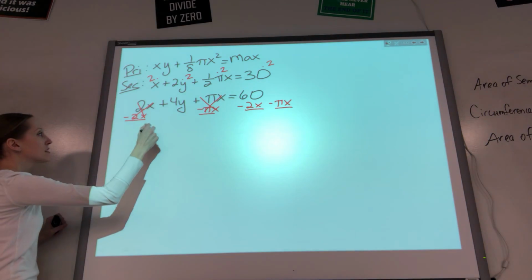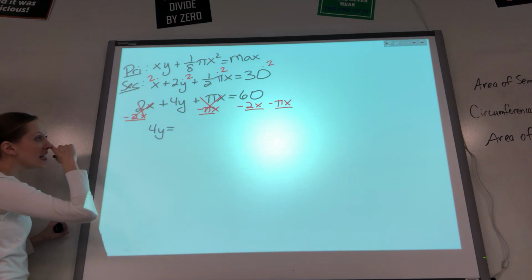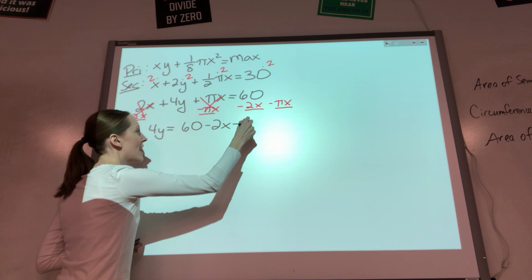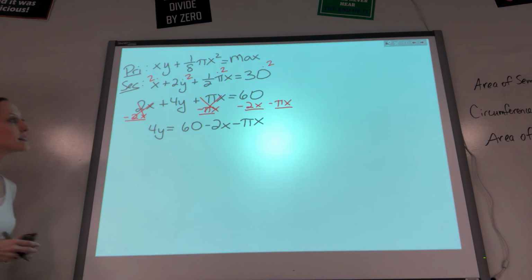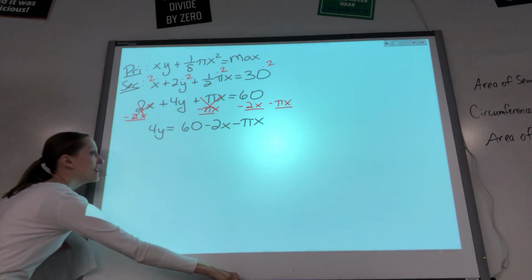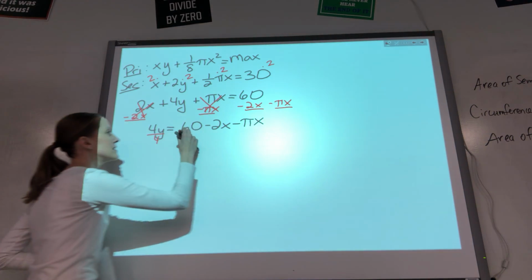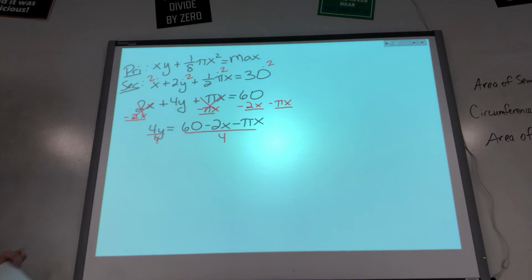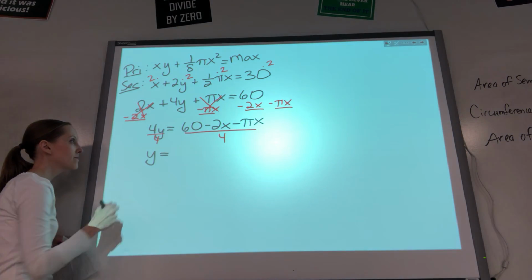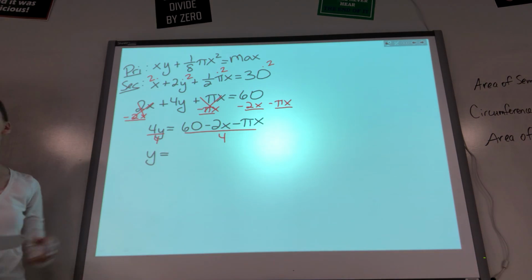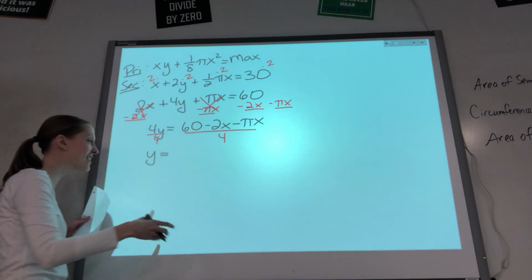Now it says 4y equals 60 minus 2x minus pi x. And so one more thing to do here to get y by itself, I'm just going to do it like that. Put everything over 4. And I guess it didn't help me out too much that I fixed my fractions earlier, because I'm going to run into fractions again right here.